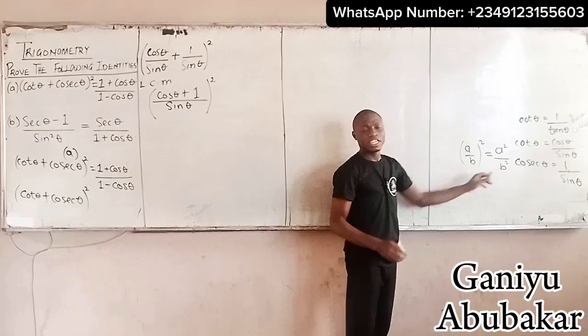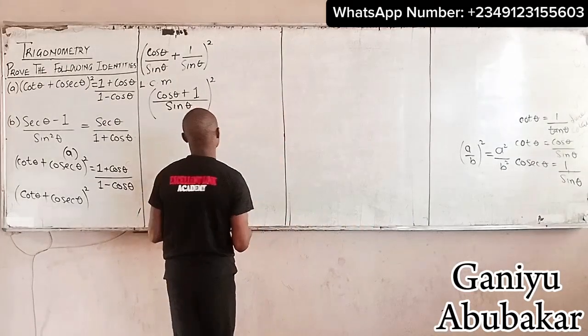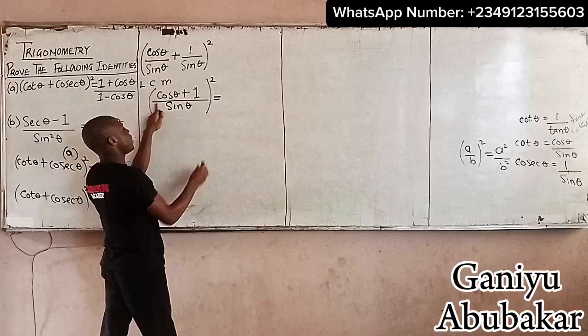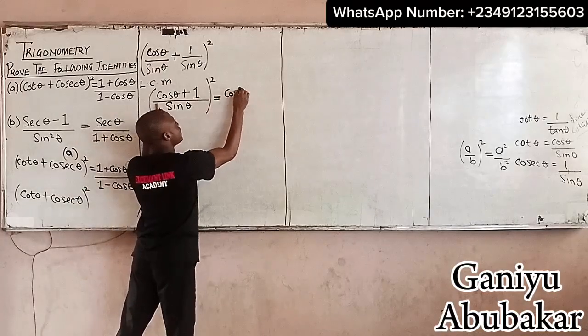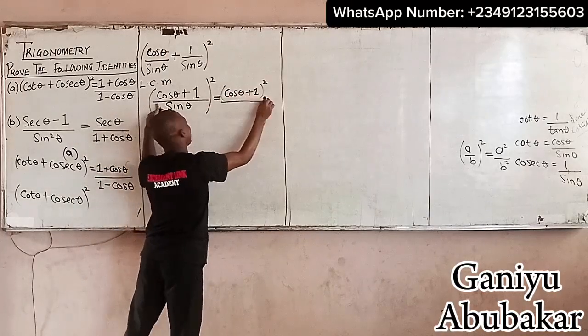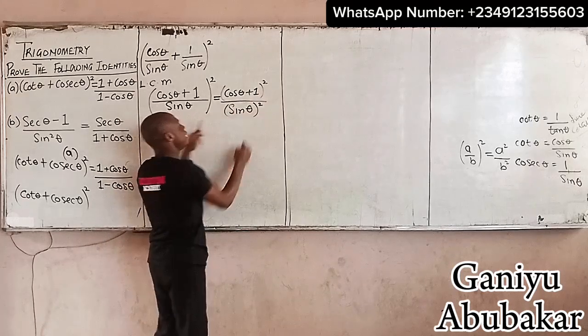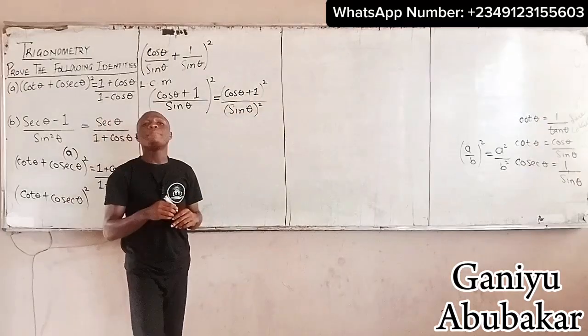The same technique applies here too. This can be expressed as (cos theta plus 1) all squared, all over sine theta all squared. Sine theta all squared can be written as what?